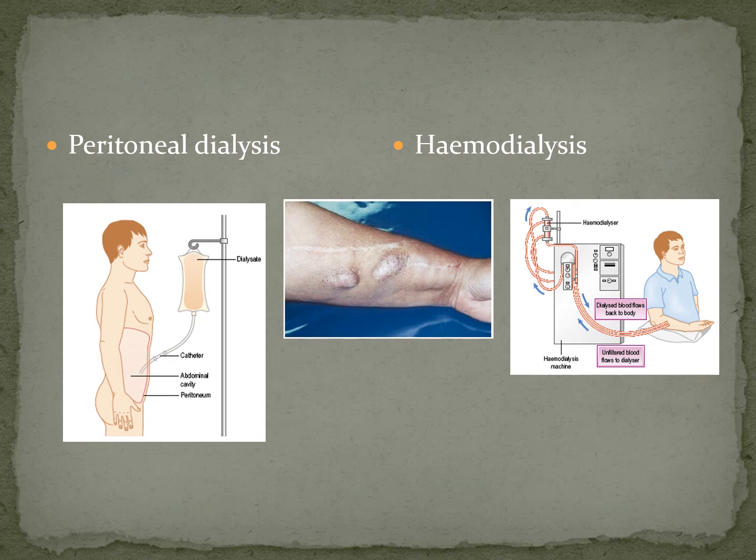We can never let the blood clot inside the dialysis machine, so we use heparin, and there will be free flow through the machine. Then it goes through the dialyzer, there will be an air trap and a detector, and we return the blood back to the vein. This is the hemodialysis that we do.